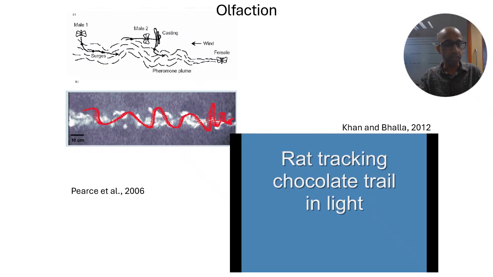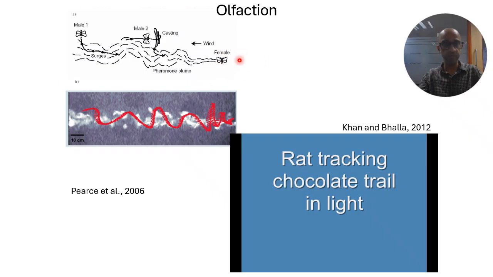Okay, so now let's look at the olfactory system. Organisms use odors to navigate. So here, for example, is a moth using odor plumes, right? This is where the female moth is.